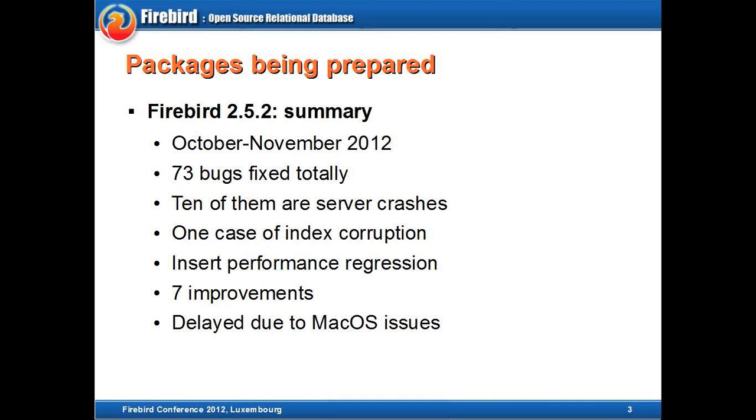A lot of bugs were fixed in Firebird 2.5.2, but if you compare the number of bug fixes in Firebird 2.5.2 with the number of bug fixes in Firebird 2.5.1, it's twice or thrice less.